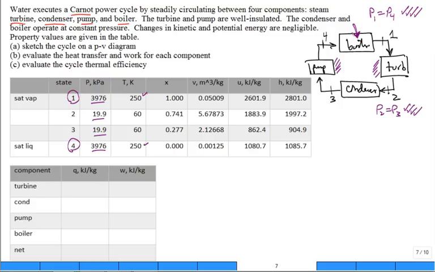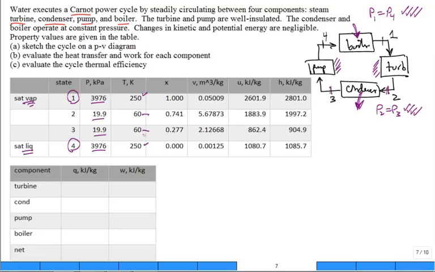Phase change, going from liquid to saturated vapor. And what about the condenser? Are you going to have heat transfer out of the working fluid in the condenser? And it's happening at constant pressure and the temperature's the same. What happened? Same thing, phase change.